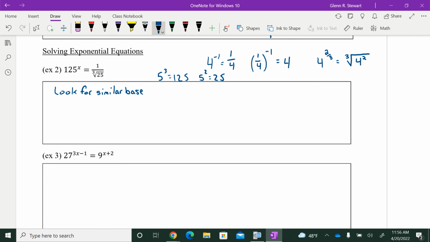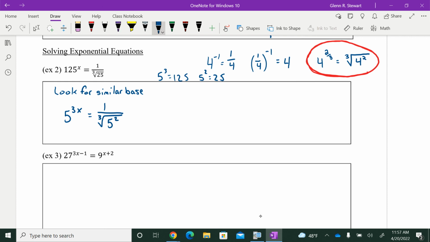So now let's change those numbers into 5. So 125 becomes 5 cubed to the x. And over here on the other side, we've got the cubed root of 5 squared. Just as a reminder, take a look at up top what I circled in red. What happens to that radical is it becomes a fractional exponent.